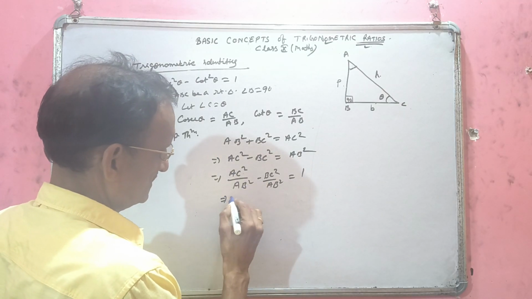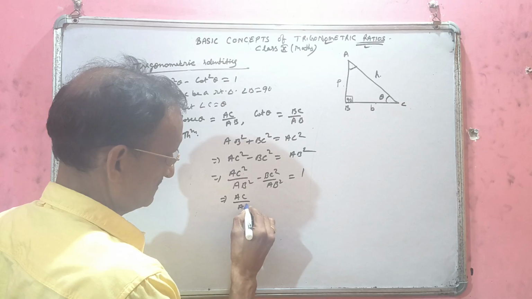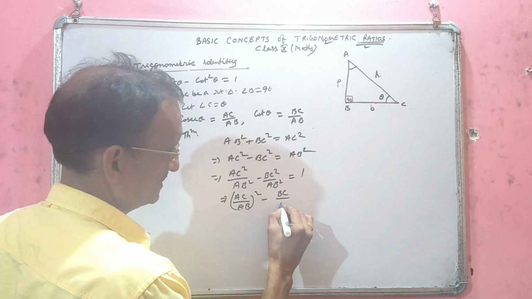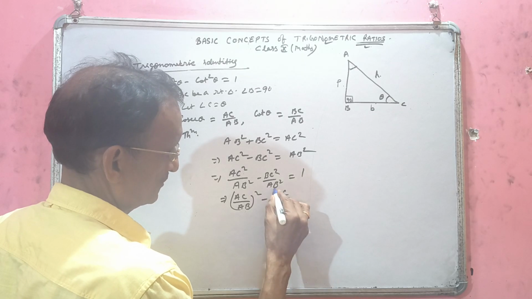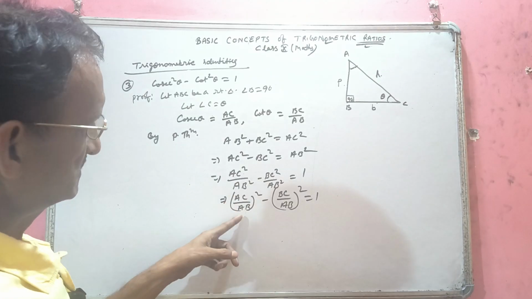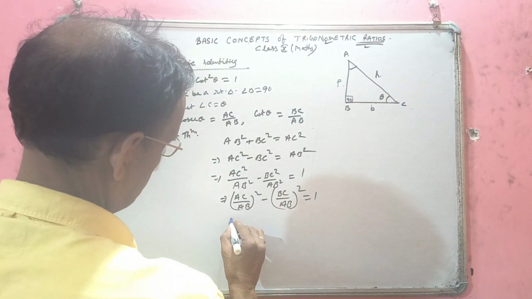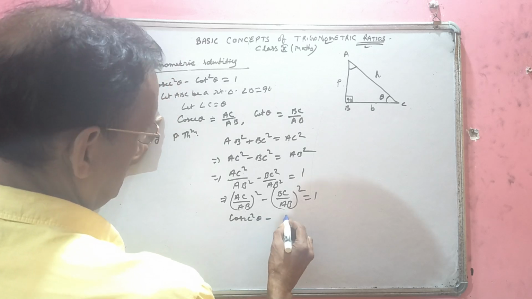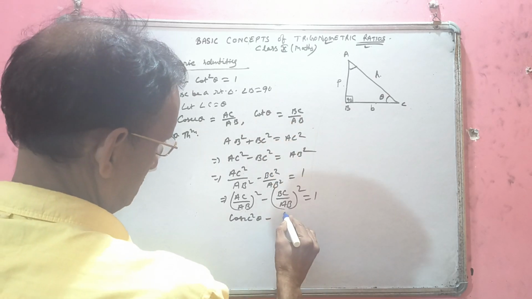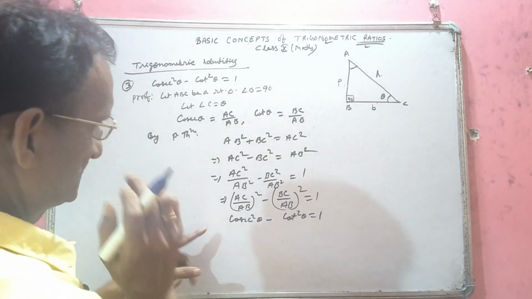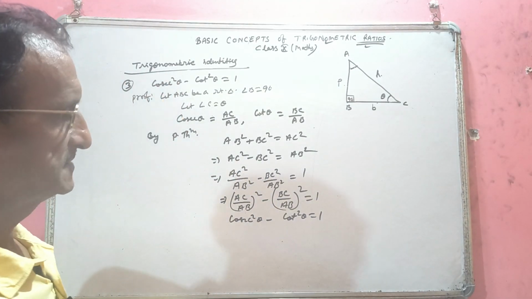Both can be written as (AC by AB) whole square minus (BC by AB) whole square is equal to 1. By definition, what is AC by AB? Cosec theta. So we can write here cosec square theta minus cot square theta equal to 1. This is the proof of this identity number 3.